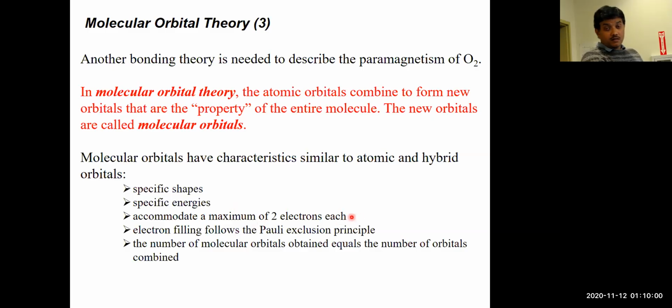And each orbital, even if it is a molecular orbital, still only accommodates 2 electrons, and electron filling of orbitals also follows the Pauli exclusion principle, just like in hybrid orbitals. And the number of molecular orbitals you create is based on how many atomic orbitals are available.